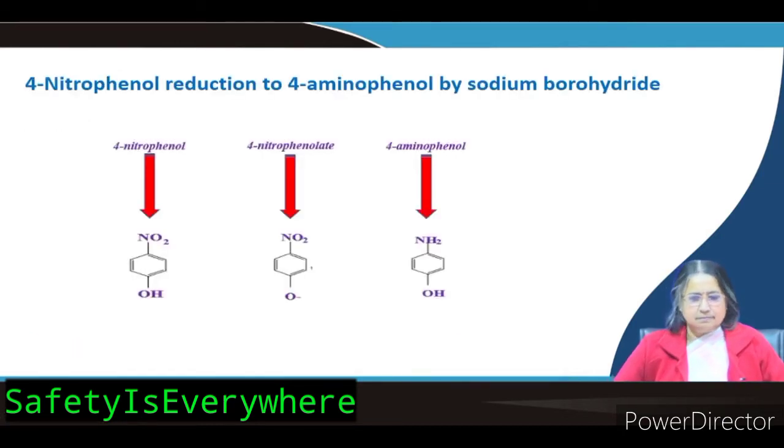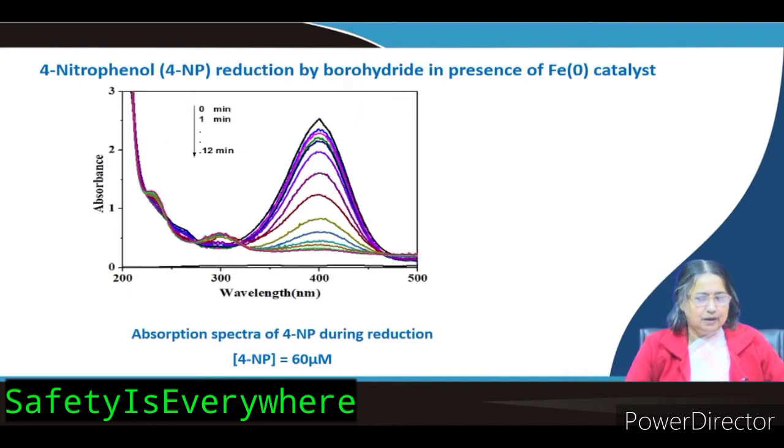You are not calculating it yourself, the instrument is doing it, and you are plotting absorbance against wavelength, because you are getting lots of different monochromatic lights having different wavelengths. Thus the maximum absorption occurs at 400 nanometers. This is characteristic of the nitrophenolate.